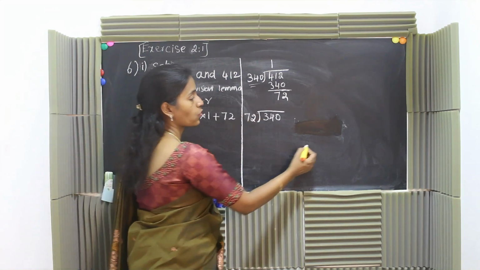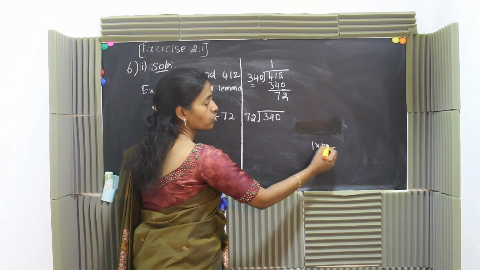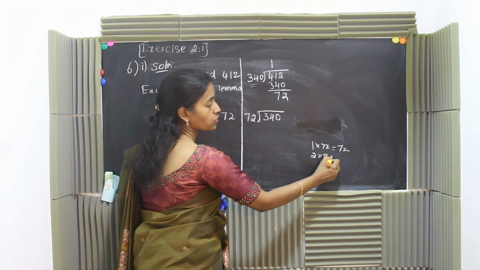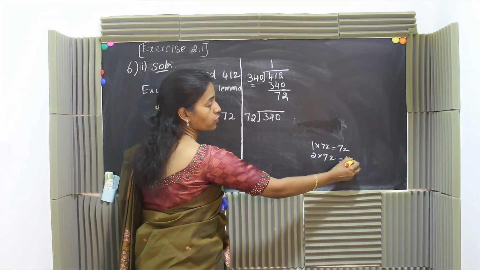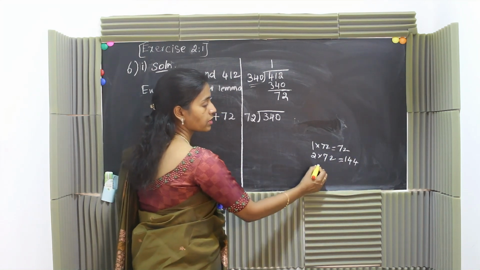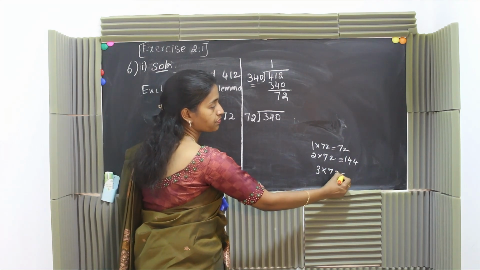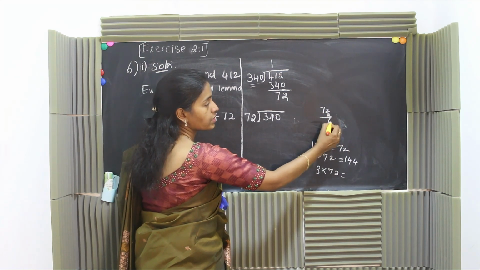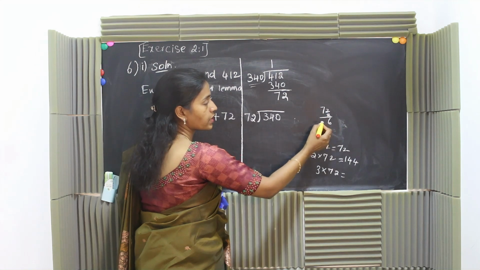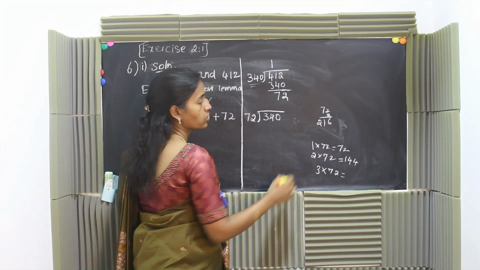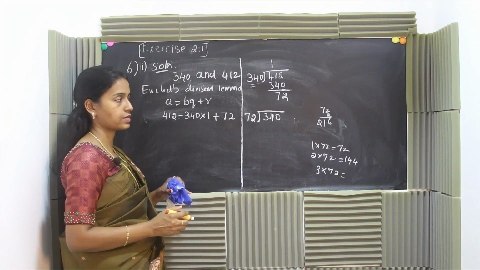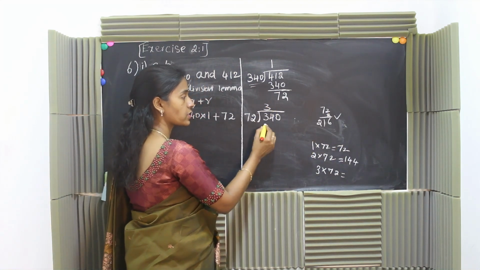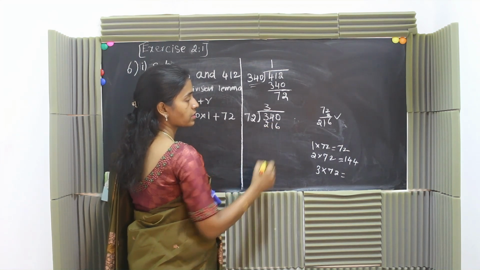So 1 into 72, 72. 2 into 72, 144. 3 into 72, 216. So that we can take this one. 3 into 72, 216.